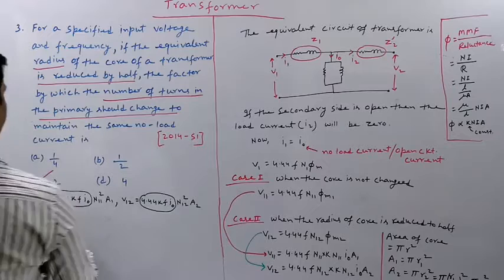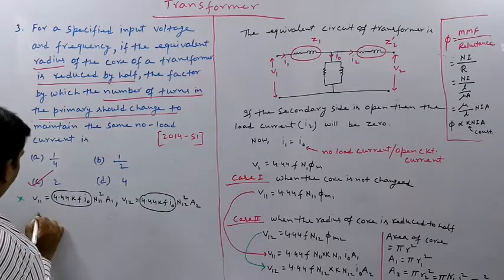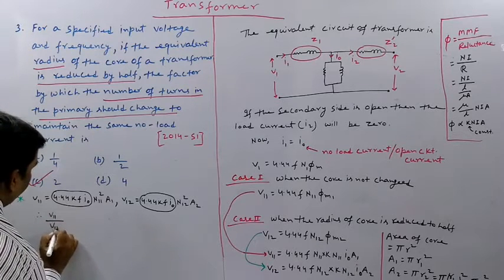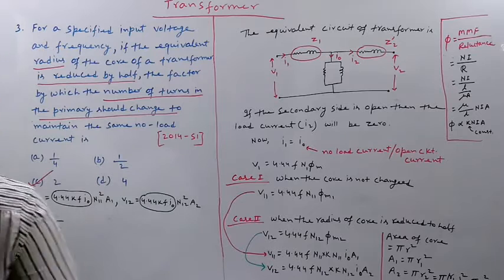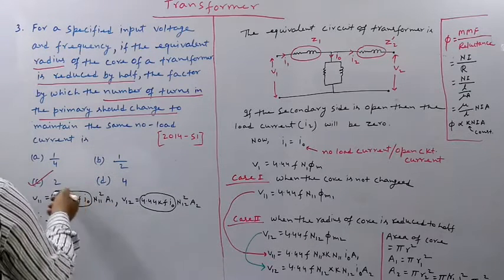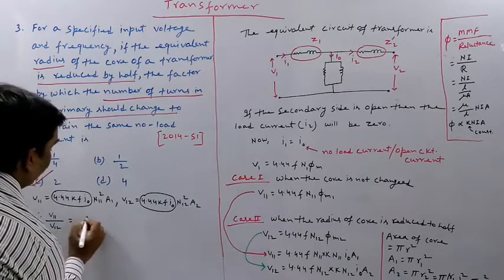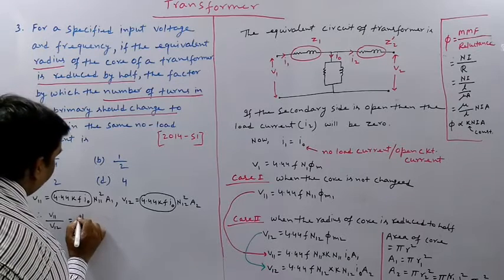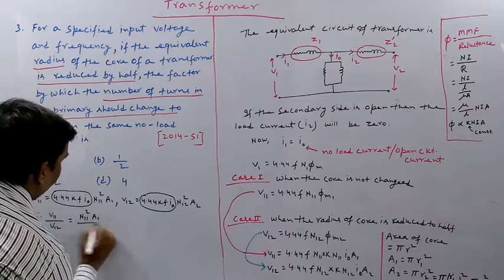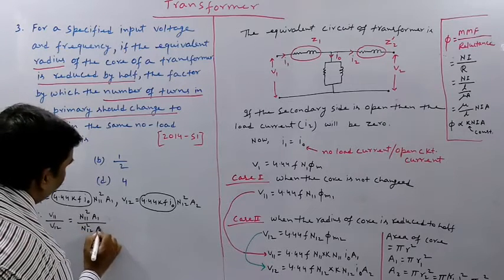So if we divide these two, we can write V11 divided by V12. Then it will be nothing but N11 square A1 divided by N12 square A2.